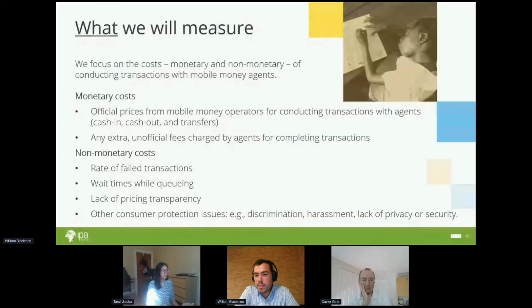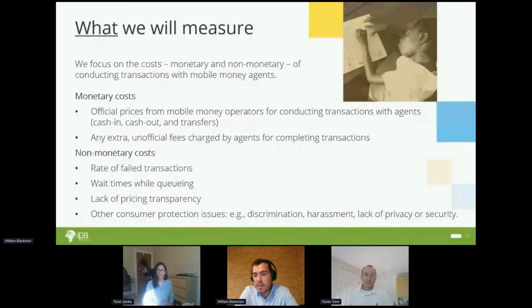We focus on transactions that are conducted with agents because it's these interactions with agents that typically can lead to high rates of unofficial fees and non-monetary costs as compared to self-serve transactions carried out on your own device, where overcharging is less likely to be an issue.